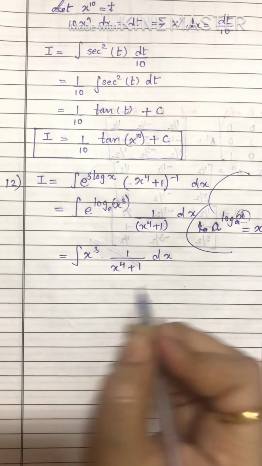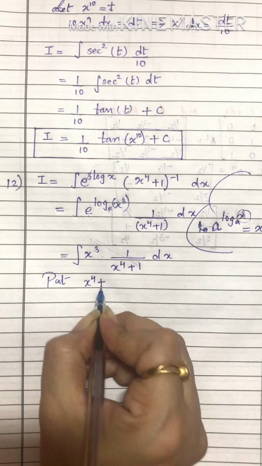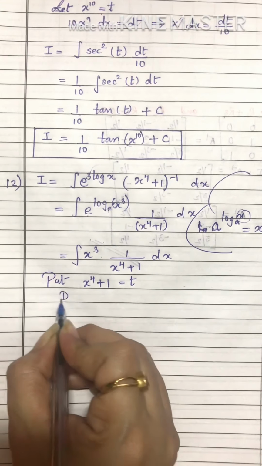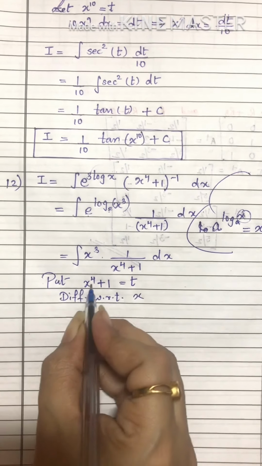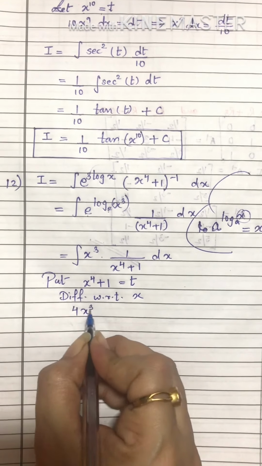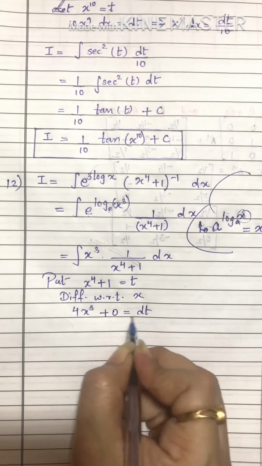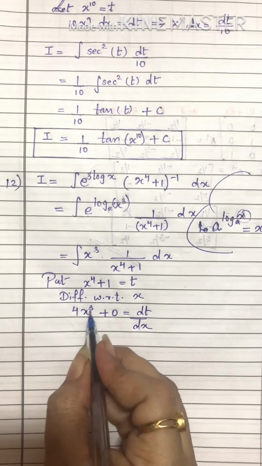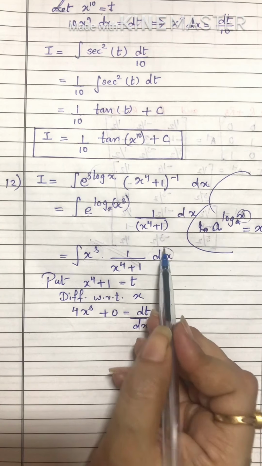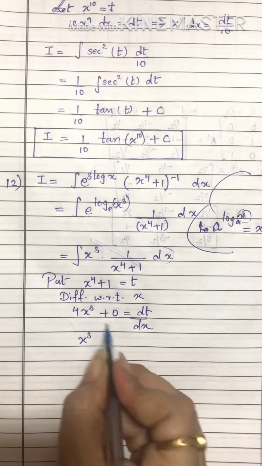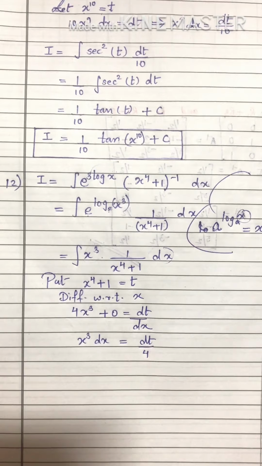So now substitution time, put x raised to 4 plus 1 is equal to t, and then differentiate with respect to x. What we get here is 4x cube plus 0 is equal to dt upon dx. So we have x cube and dx from the question, so we'll take dx this side, x cube dx is equal to dt upon 4.